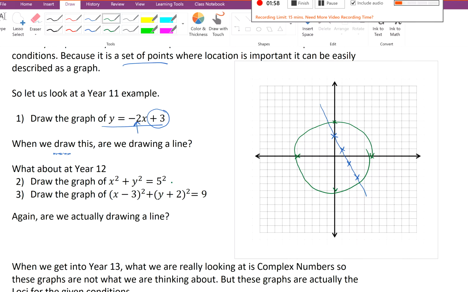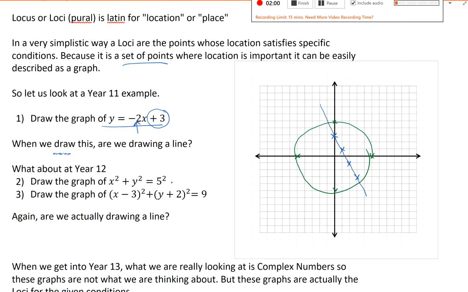How do you draw that circle? Well, this shifts the center to the right 3, and that shifts it down 2. That gives me a radius of 3. So, to the right 3, down 2, there's my center.